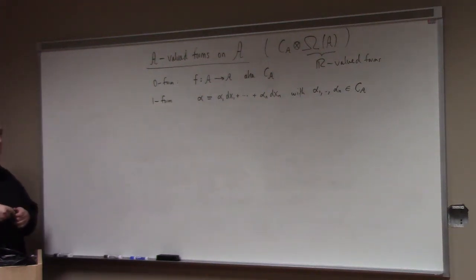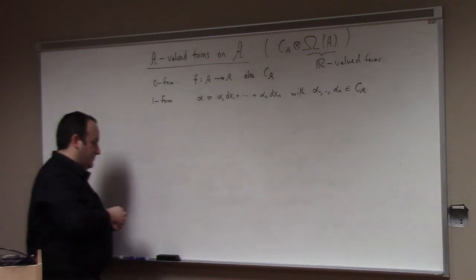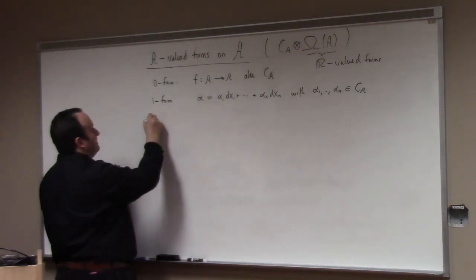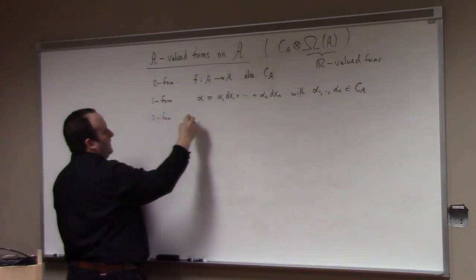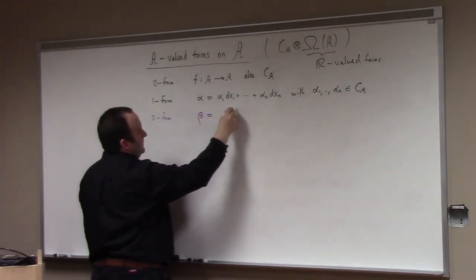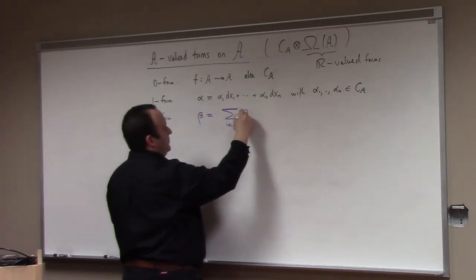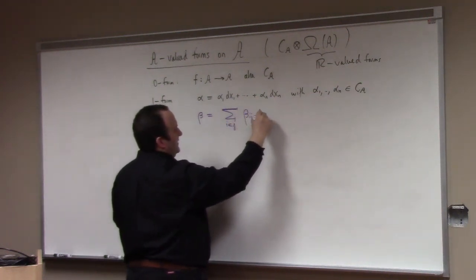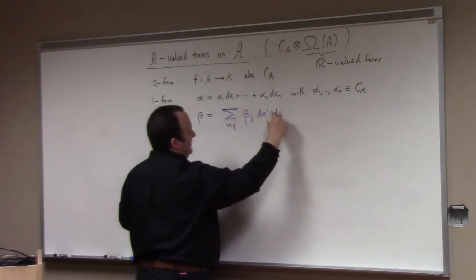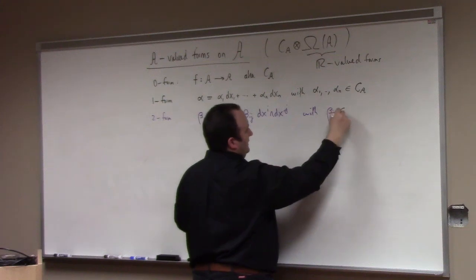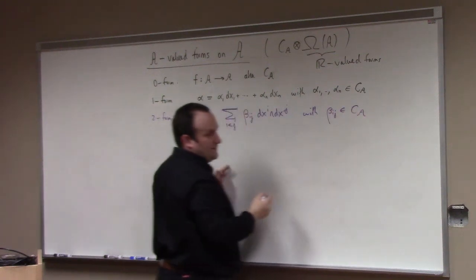So I'm just going to basically swap out the real functions for algebra valued functions and let the differentials behave as usual. So what does a two form look like? We could do something like the sum over i less than j of beta ij dxi wedge dxj, with beta ij, you guessed it, differentiable functions.